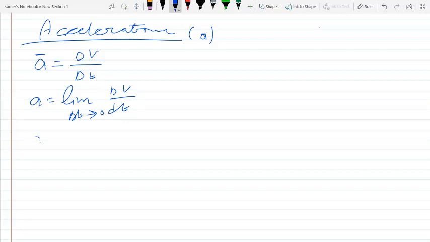Or we can simply say instantaneous acceleration is dV by dt.